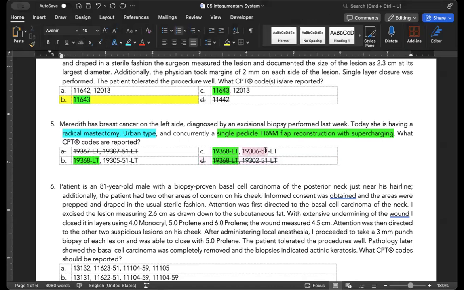So our urban type is going to be the 19306. So if you had answered 19305, your provider would have been underpaid a little bit, because the 19305 is only the axillary lymph nodes, and then the 19306 includes the internal mammary lymph nodes as well.